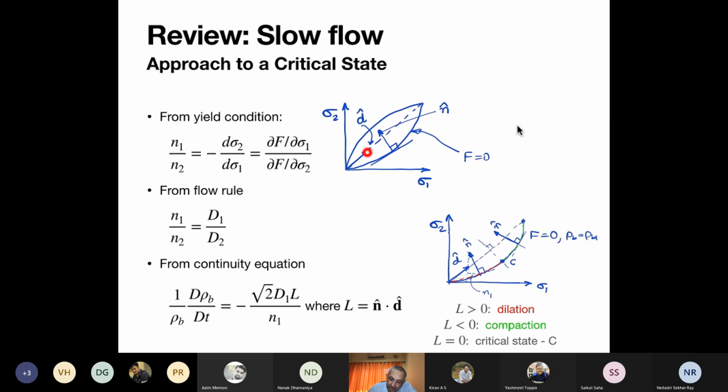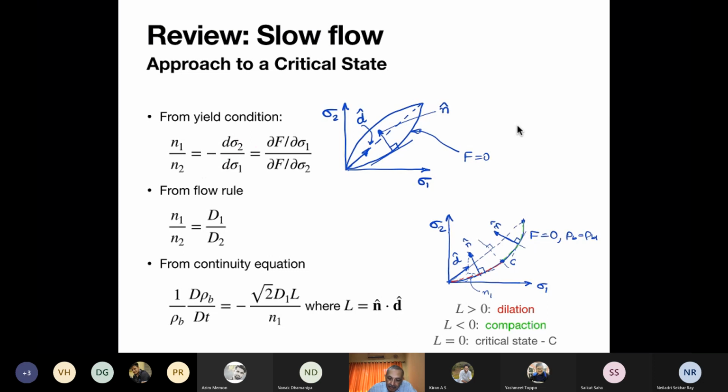And we saw that there are two vectors. One is d, which is along the diagonal, and the other is n, which is normal to this line. And by doing a little bit of geometry, we saw that the slope of this is equal to minus the ratio of the components of the normal vector, because this vector and this vector are normal to each other, so this is connected by -1.